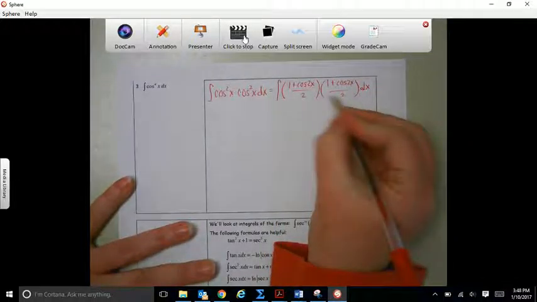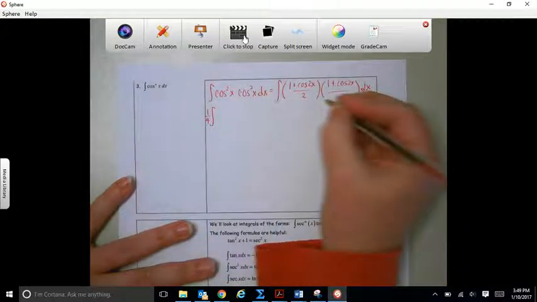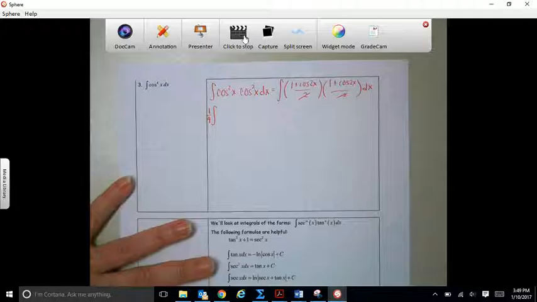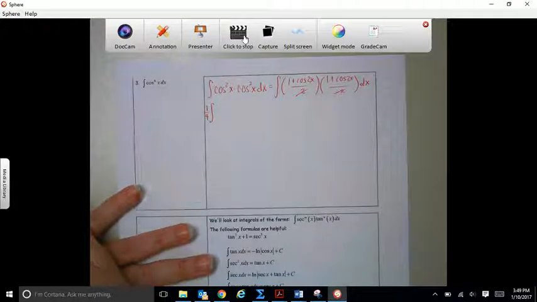I'm going to take out that 1/4 as a coefficient because that's annoying. And then I'm going to FOIL the numerators now.